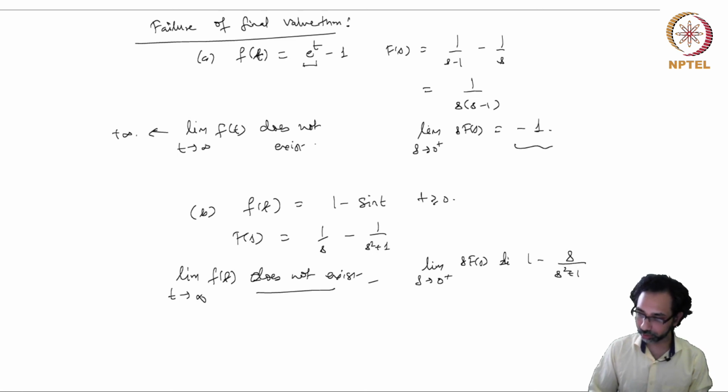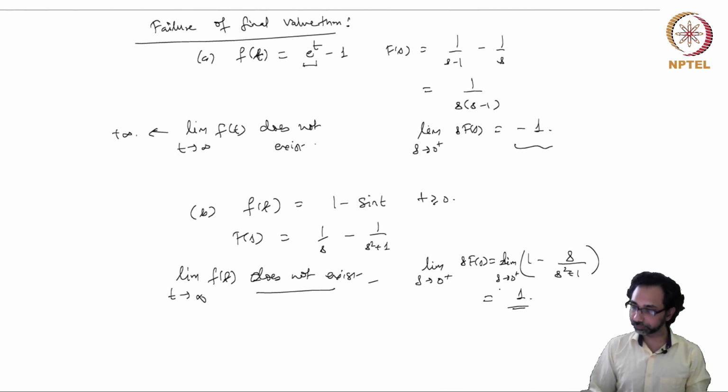You take the limit as s goes to 0 plus of this, and here you get 1. So you can see that the final value theorem also does not hold, where the limit as t goes to infinity does not exist, it's oscillating, but on the other hand the limit as s tends to 0 of s F(s) is finite.